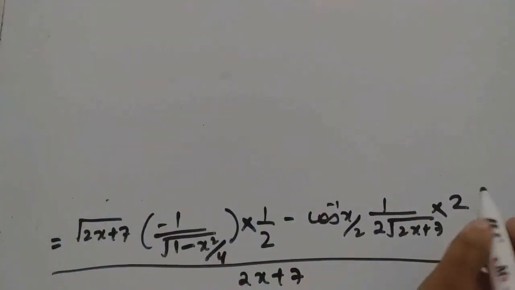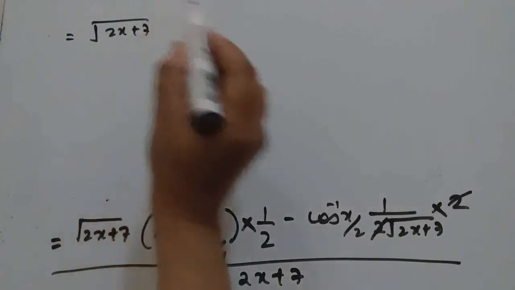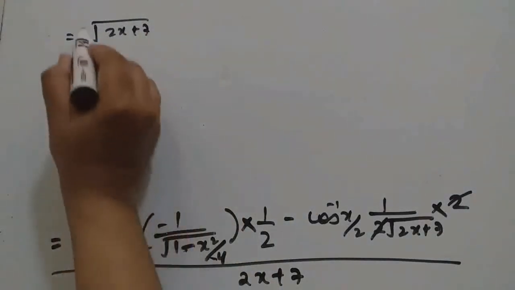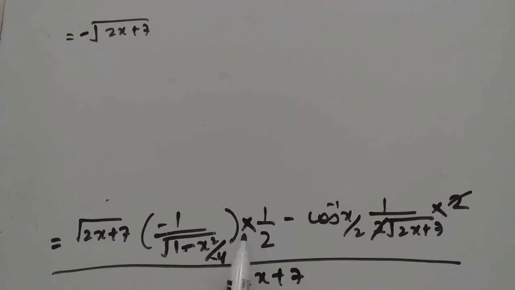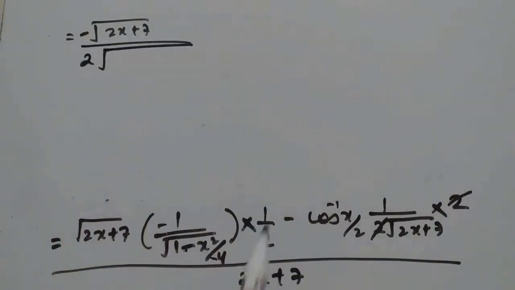Now see, this 2 will go here, and here we can cross multiply. So 2x plus 7, minus is there in the numerator, minus, then 2 is in the denominator, and here we should cross multiply.